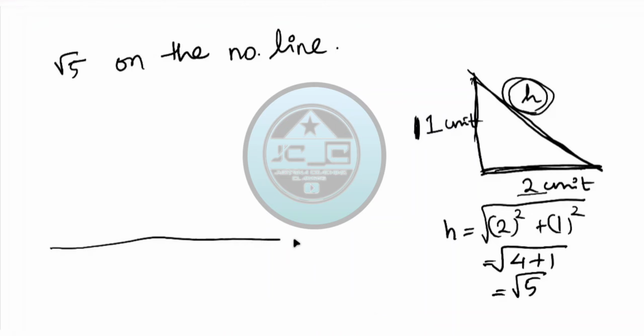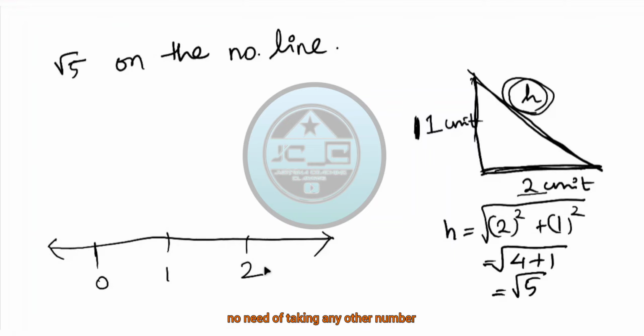So basically you draw the same thing. You put a number line here and put 0, 1 and 2. No need of taking any other number, extension is not needed here. By taking the base as 2 unit you construct a 90 degree here, and after constructing it you take the perpendicular as exactly 1 unit.